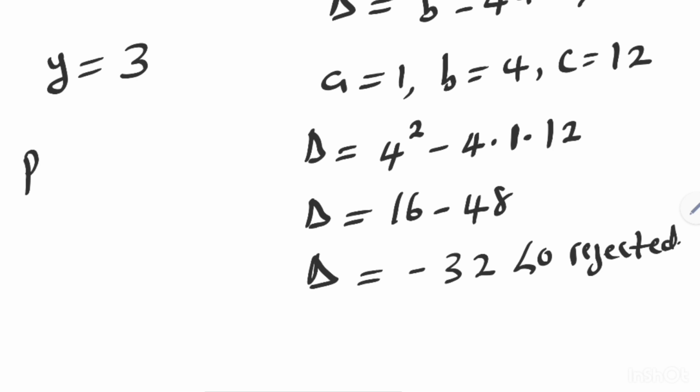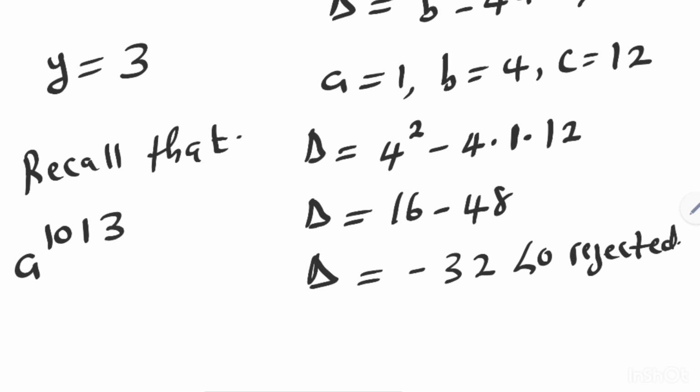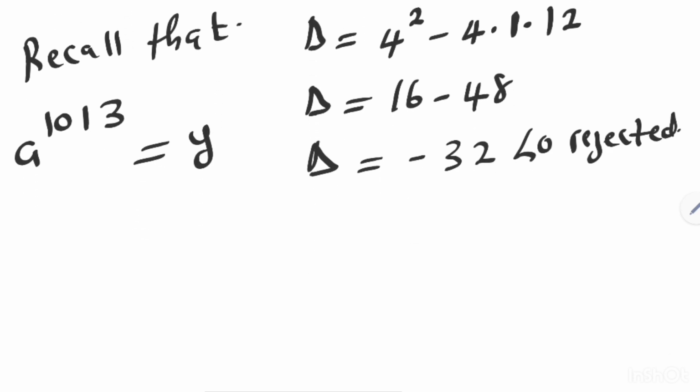But recall that a raised to power 1013 is equal to y. Then a raised to power 1013 is equal to 3. Let us multiply the exponent of both sides of this equation by 1 over 1013.